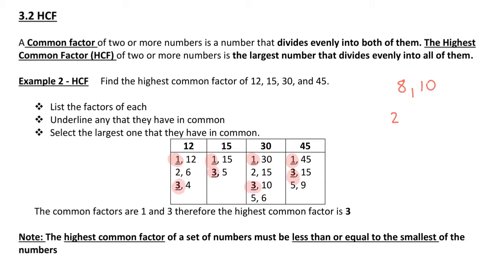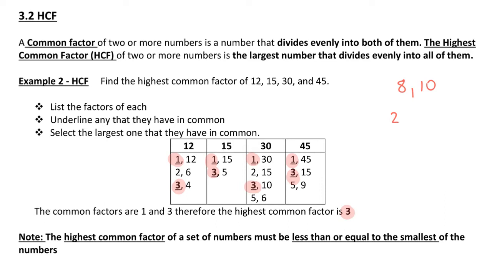If we were to look at just a couple of them, between 15 and 30, they would also share 5 and 15. Or between 30 and 45, they would also share 15 and 5. But across the four numbers, 12, 15, 30 and 45, the highest common factor is 3.